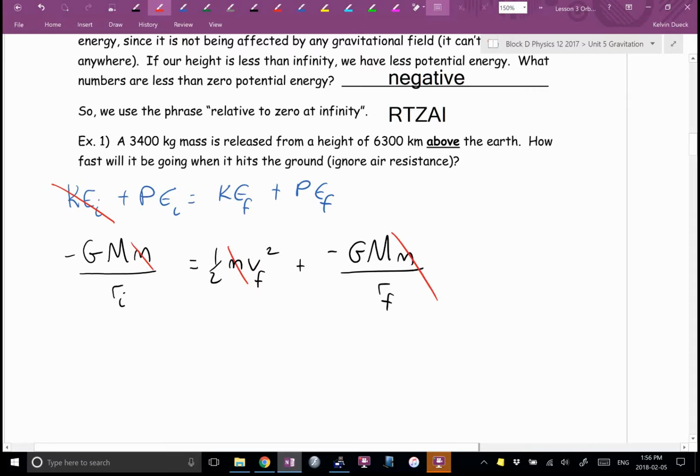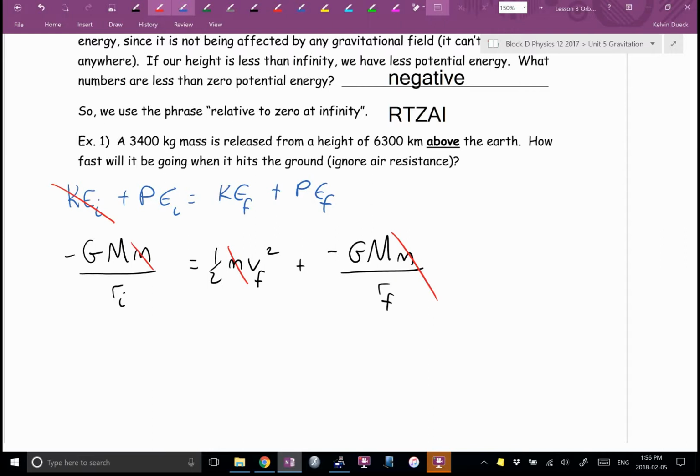This is about where my love for getting things by itself breaks down, because there's just so much typing here. Could I get the V by itself? Yeah, but the amount of effort to do that, and then square root everything, we're not going to. Instead, I'm going to leave the half V squared sitting where it is and move everything else to one side.